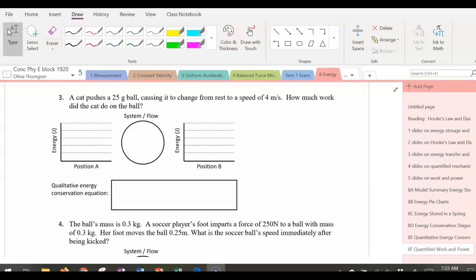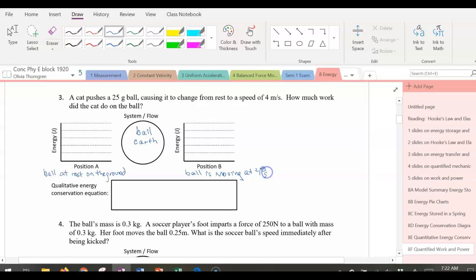So if I'm looking at a system, which is the ball and the earth, originally the ball is at rest, and it's on the ground, and at the end the ball is moving at 4 meters per second.